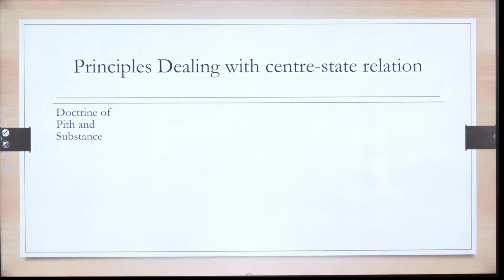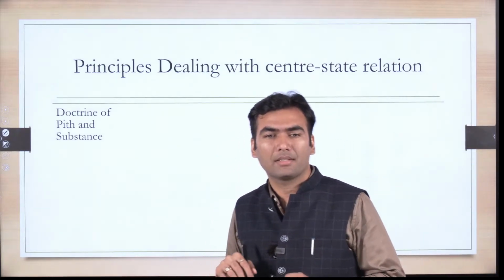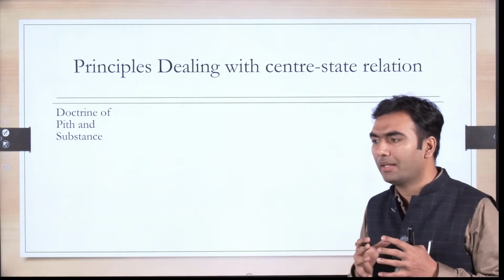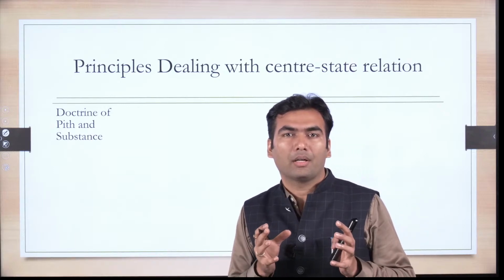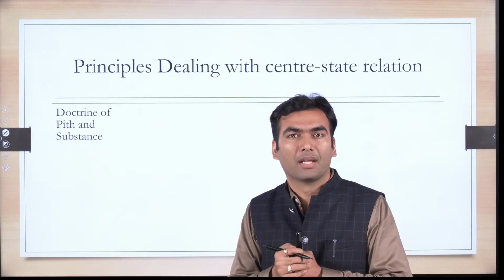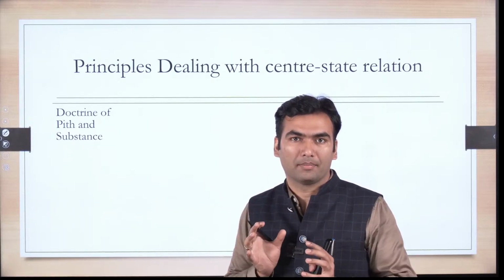The next principle is the doctrine of pith and substance. This says that when the court is deciding whether a legislature has made a law within its jurisdiction or outside its jurisdiction, the core of that law would be considered.